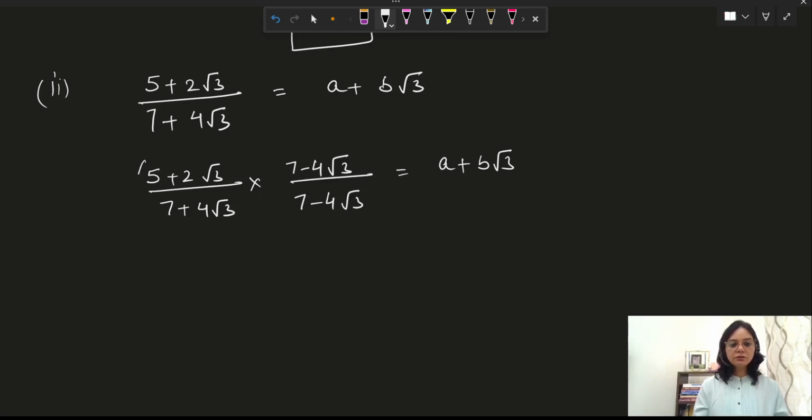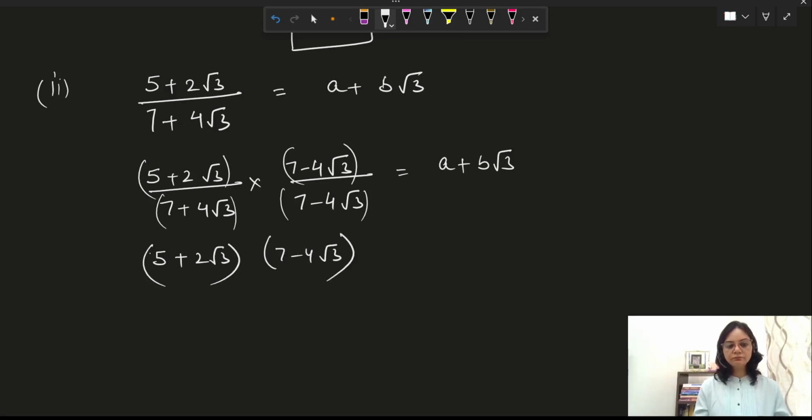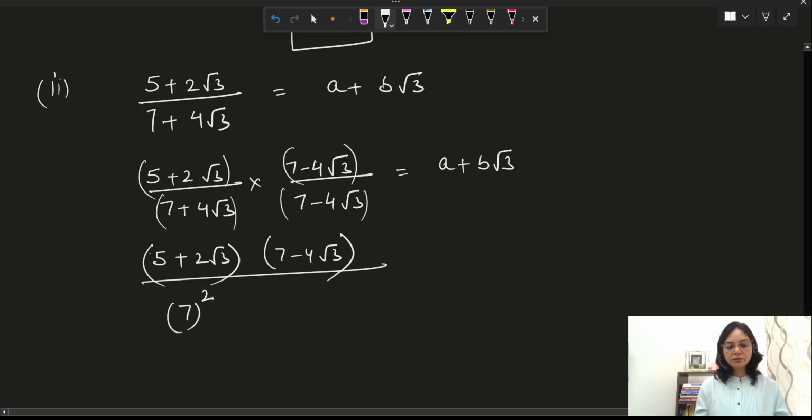So when I do it, if you see, the denominator is of the form a plus b, a minus b. Numerators are not in the form of a perfect square. So what you have to do is, this is 5 plus 2 root 3 multiplied by 7 minus 4 root 3 by 7 square minus 4 root 3 whole square.